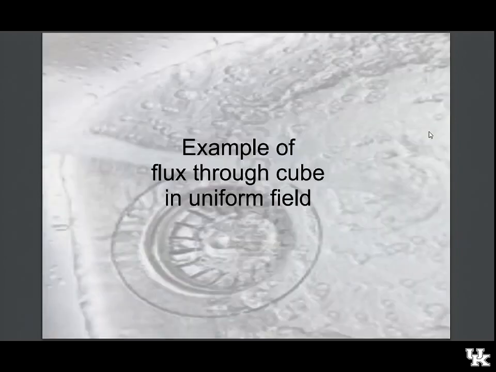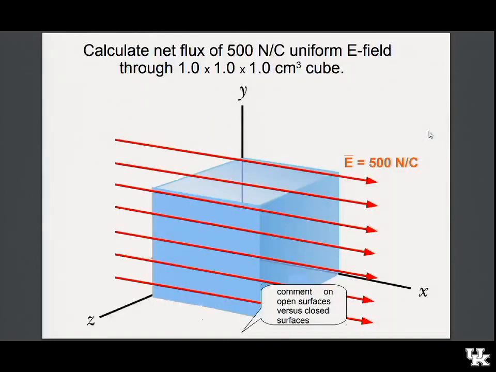Okay, so I want to look at an example calculation of an electrical flux. What we're going to imagine is a uniform electrical field, 500 newtons per coulomb. I pictured it here in red. These are the field lines, as many as I could draw.